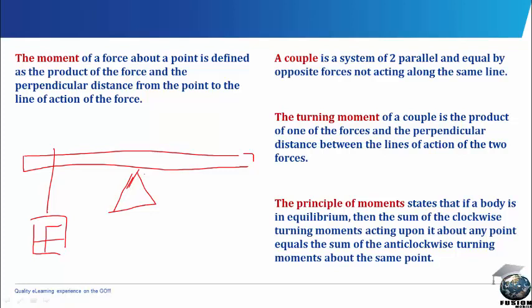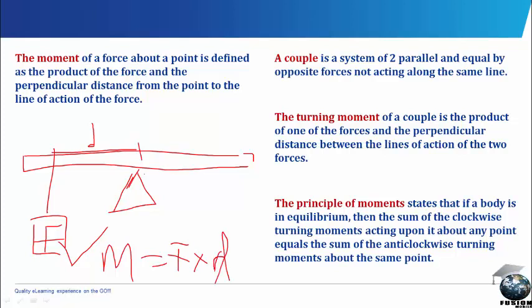The definition of moment says that it is the product of this particular force and the distance from this point to the point where the turning effect is. So if I want to define moment mathematically, moment is equal to F times D, where D here is the perpendicular distance created.